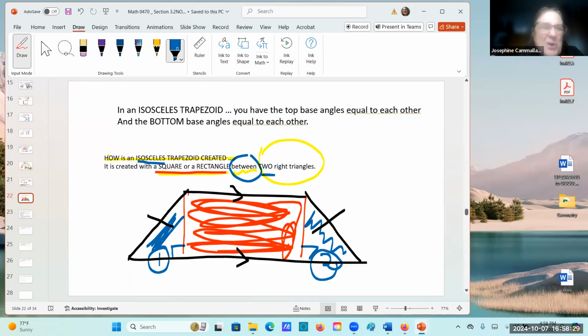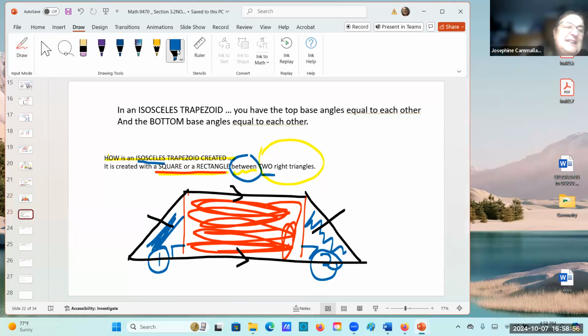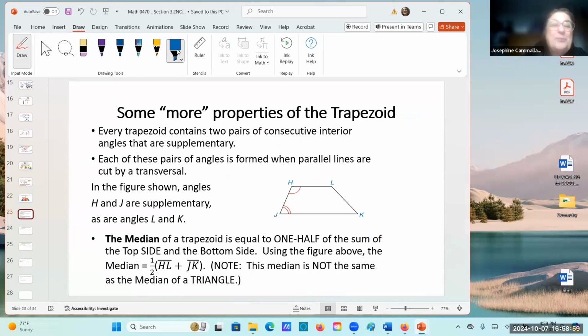But in the general trapezoid, I still can have a square or a rectangle inside, but my two right triangles are not going to be the same. Now, with that said, I'm also going to confirm the angles are supplementary.